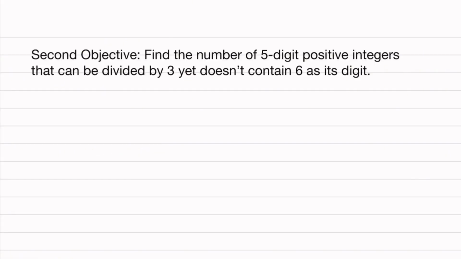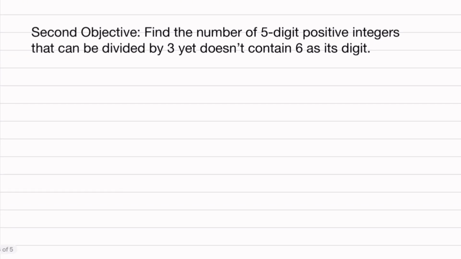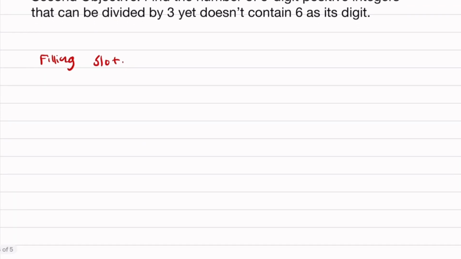So here's our second objective. We need to find the number of 5-digit positive integers that can be divided by 3 yet don't contain 6 as a digit. For the first thing, we're going to use the filling slot technique. So let's draw 5 lines representing 5 spots.